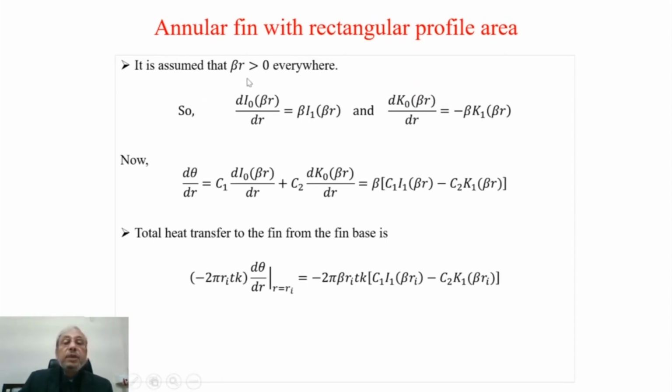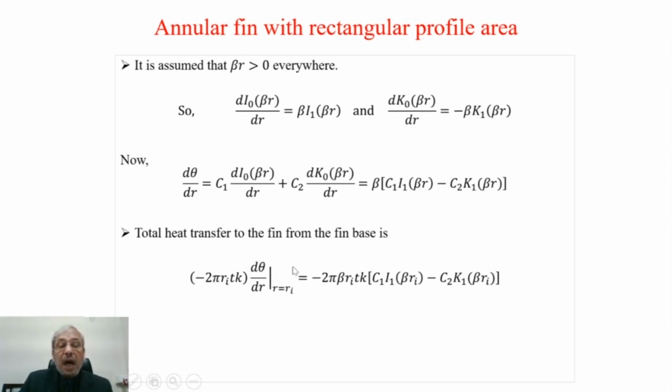And we are assuming beta is greater than 0 everywhere, which is true, and then d/dr of I0(beta r) is beta I1(beta r), and d/dr of K0(beta r) is minus beta K1(beta r). From there, we can write straightforwardly d theta/dr, which is beta times C1 I1(beta r) minus C2 K1(beta r).